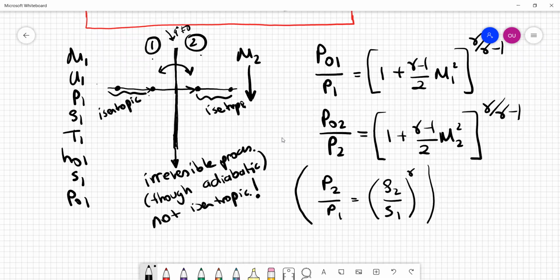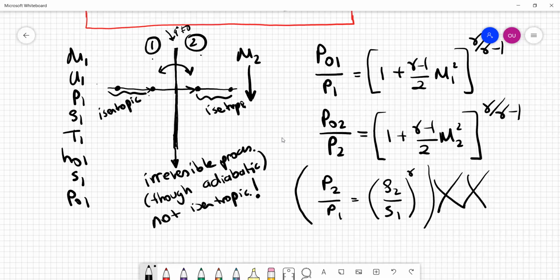Okay, this is not allowed. If you write this in the exam, you will get 0. This is because we cannot use isentropic relation across the shock wave, if I would like to repeat myself.